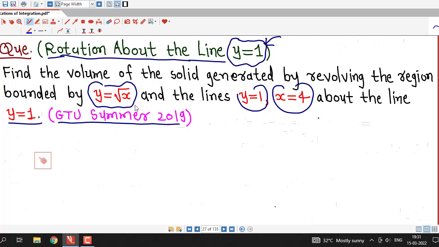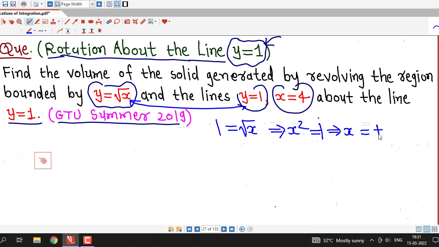If we consider y equal to 1 in y equal to square root of x, then we obtain 1 equal to square root of x, that is x square equal to 1 and x equal to plus or minus 1. So y equal to 1 will intersect this parabola at points (1, 1) and (-1, 1).